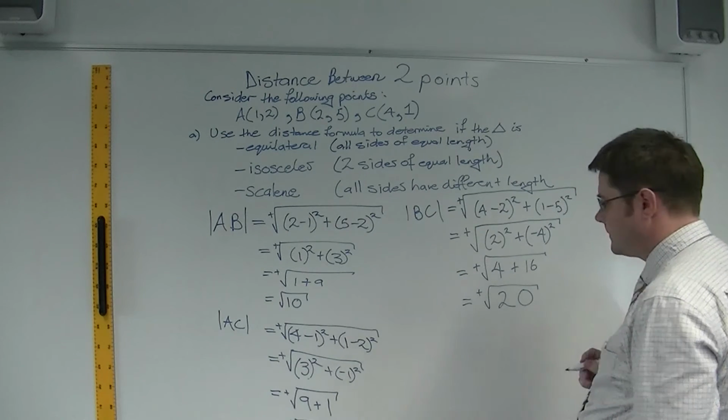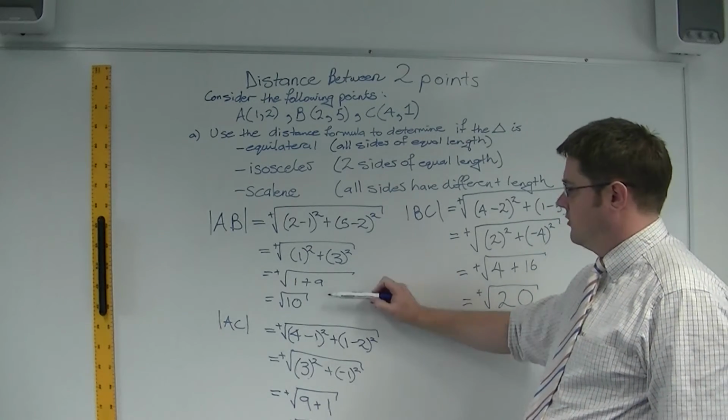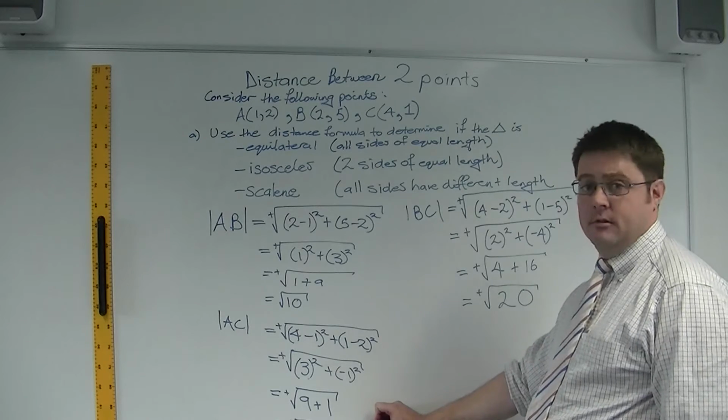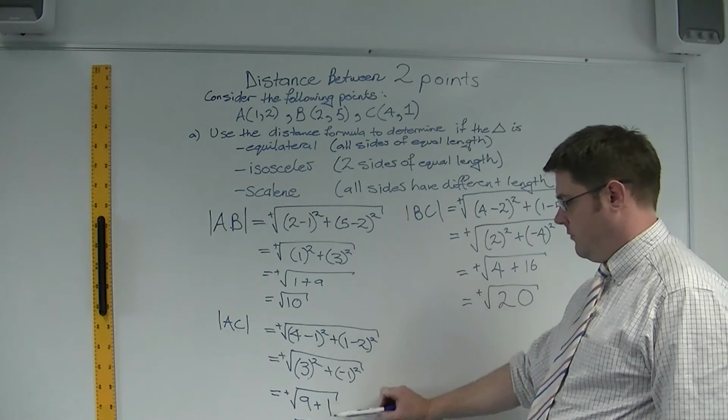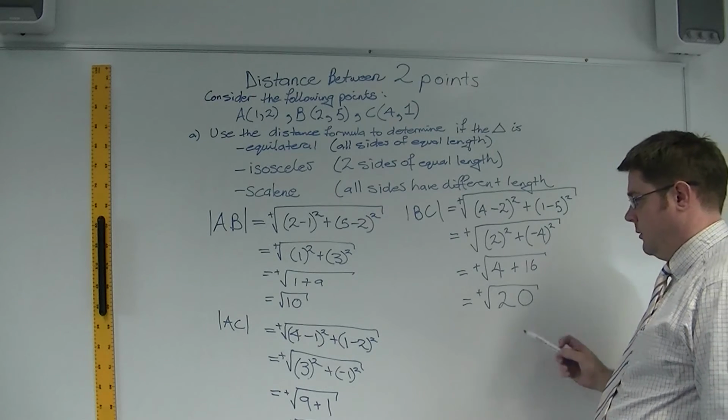of 20. So from determining all the lengths, we can see 2 sides have the same value, a square root of 10, and the third side has a length of square root of 20.